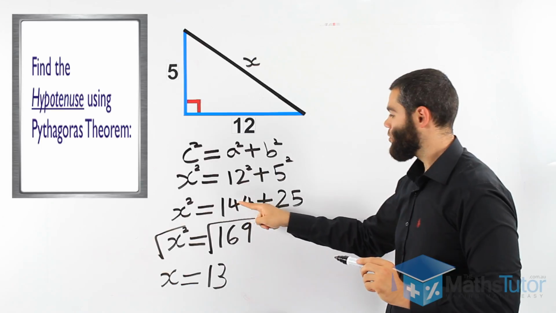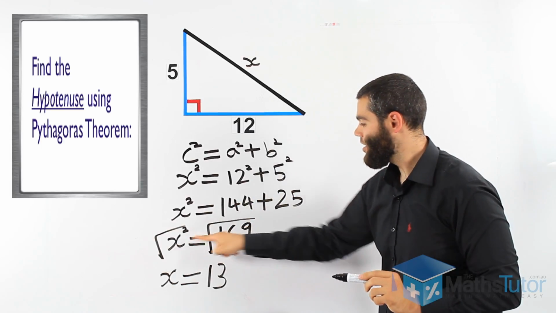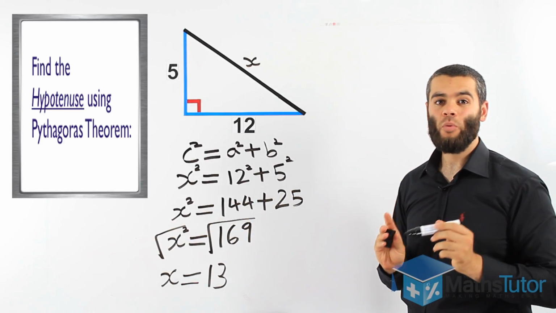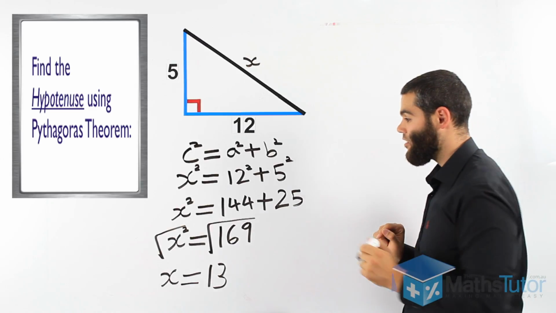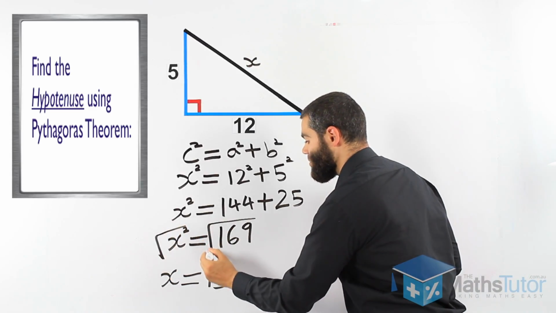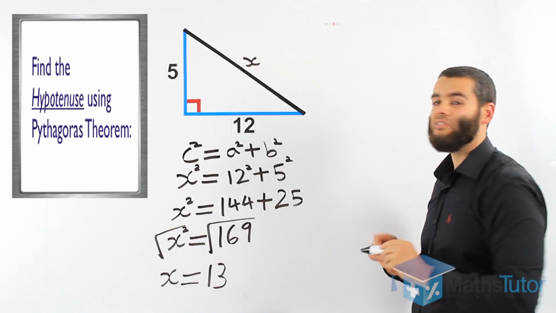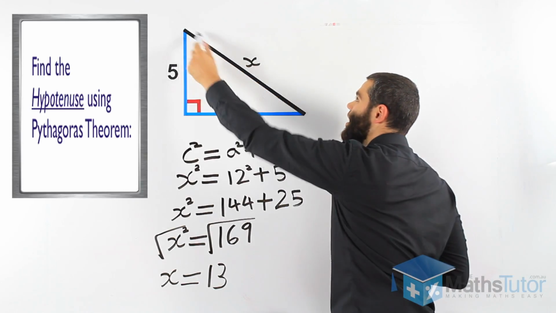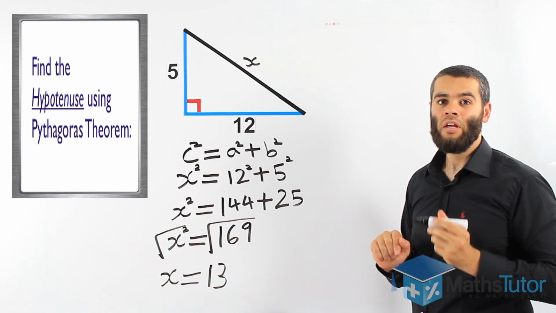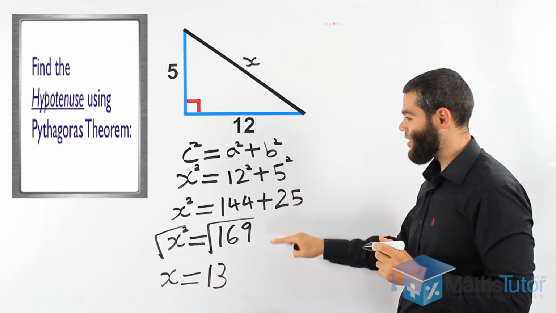So x squared equals 169 here. We don't want x squared, we only want x. So we square root, and we square root here, x equals 13. That means the hypotenuse, the missing side in this right-angled triangle, is 13 using Pythagoras' theorem.